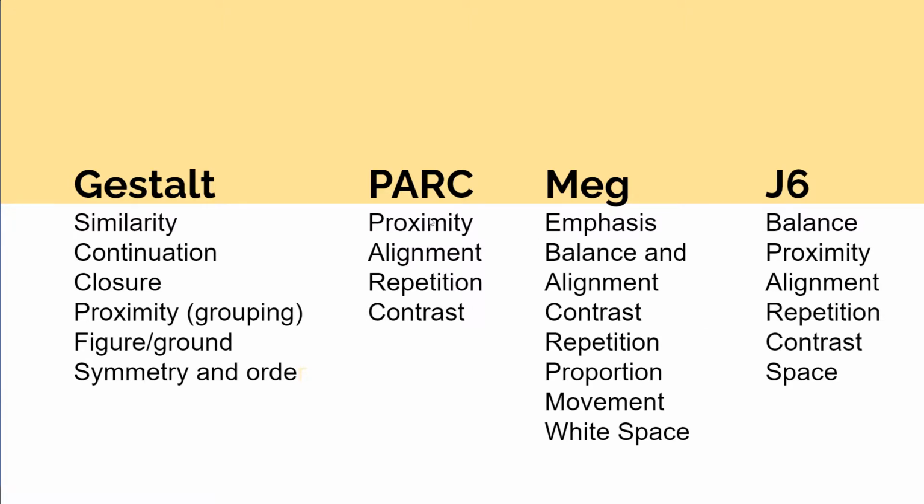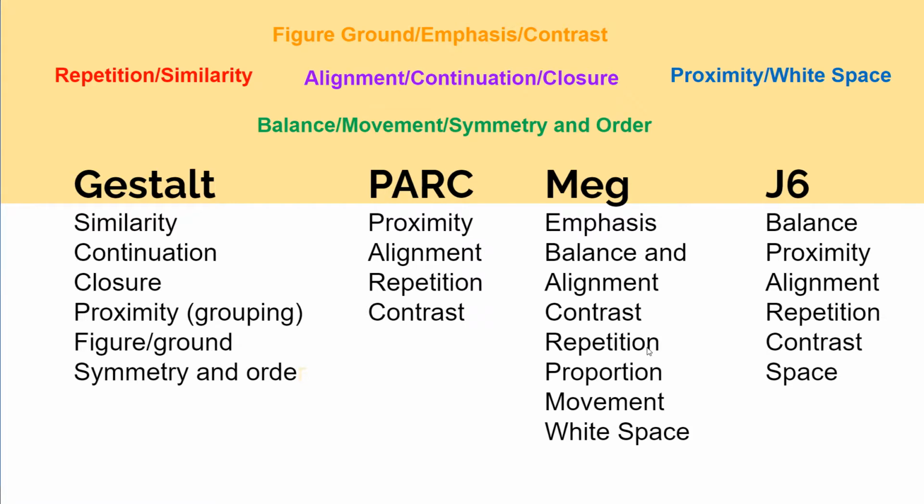So you can see the list of principles of design from each source, and then now you summarize that. I use color codes to group them together, like repetition and similarity. That could be one group. Figure, ground, emphasis, and contrast could be a second group. And alignment, continuation, and closure could be another group.